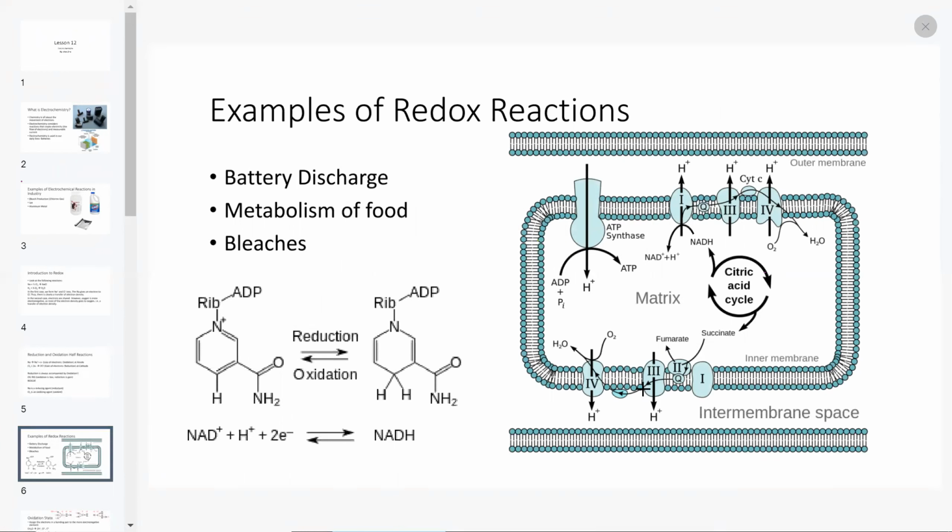A lot of these are redox reactions. So here we have oxygen getting reduced to water, and we have NADH getting oxidized to NAD+. This is not a redox reaction. Here we have oxygen getting reduced to water, and of course the citric acid cycle.